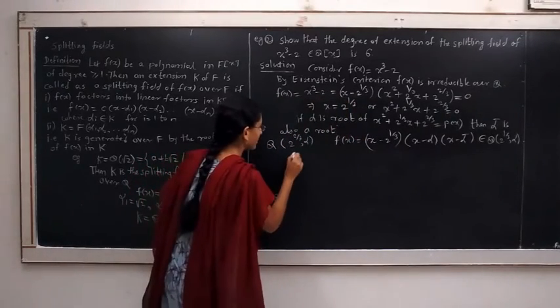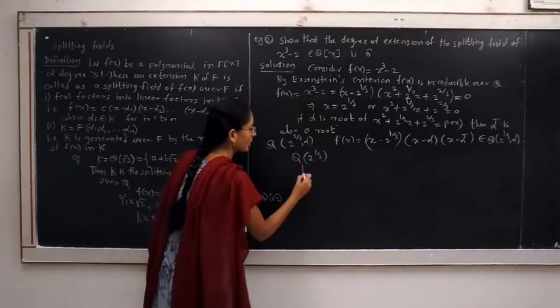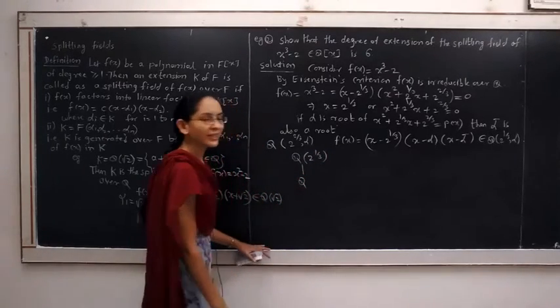Now we know that Q joining 2 raised to 1/3 is the extension of the field Q of degree 3.